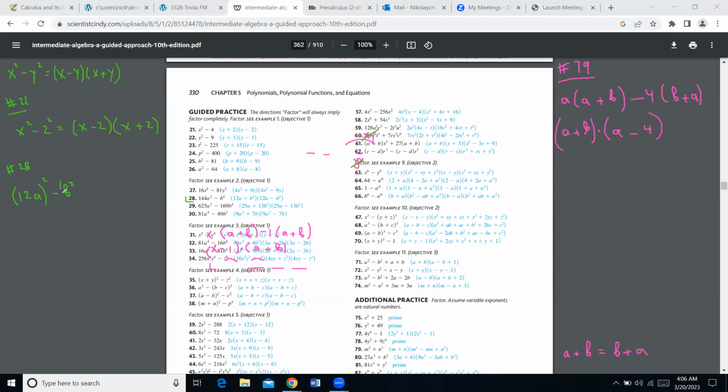I can say it's a square of b to the second power. So without squares, I'm going to have 12a and b squared, right? So I put 12a minus b squared multiplied by 12a, I forgot a, by 12a plus b squared, just like that.